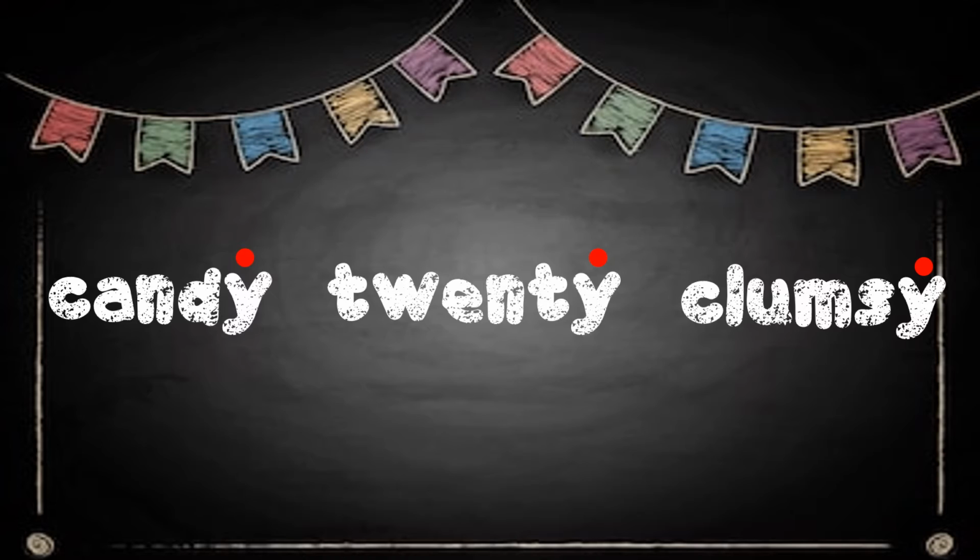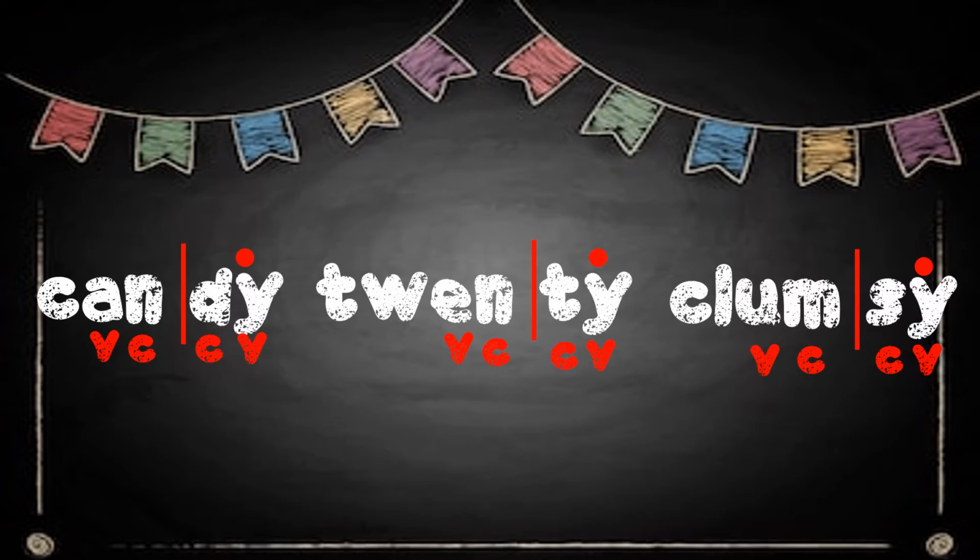When we code the words, we'll write V's under the Y's because the Y acts like a vowel when it's in the medial or final position. We will draw our syllable divider lines, and then we're going to put an accent after the first syllable.